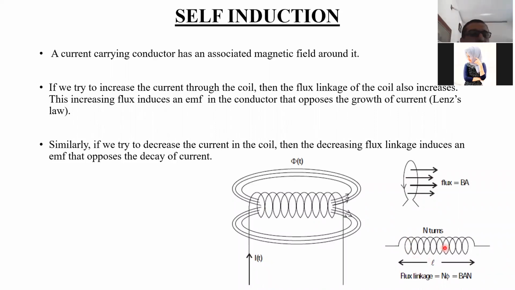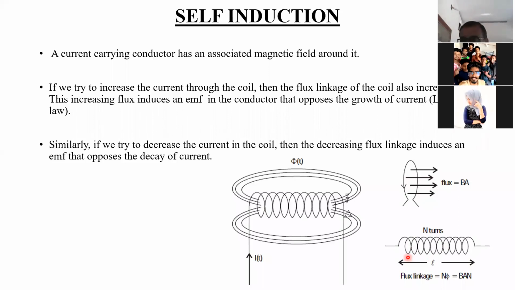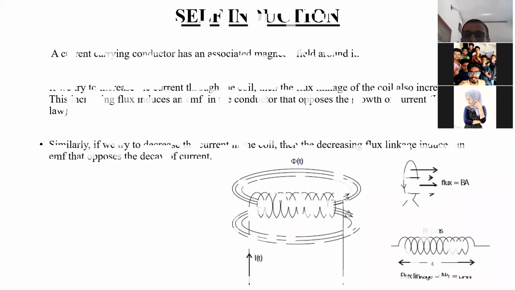Consider this coil. Can you see this coil? It has N turns. The flux is phi, and the flux linkage is N phi, and N phi is equal to BAN. Why BAN? Phi is B into A. Therefore, N phi is N into BA, or BAN. So keep that figure in your mind.